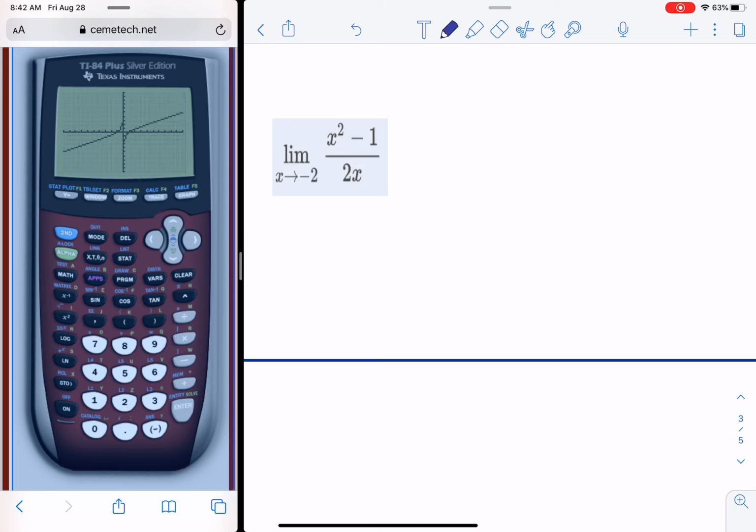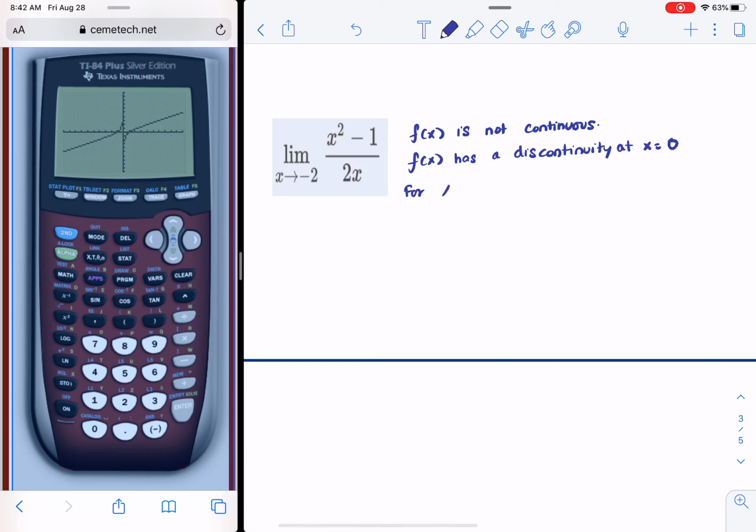So it seems like the function is not continuous, and it has a break or discontinuity at x is equal to 0. But for x less than or equal to 0, f of x is continuous.